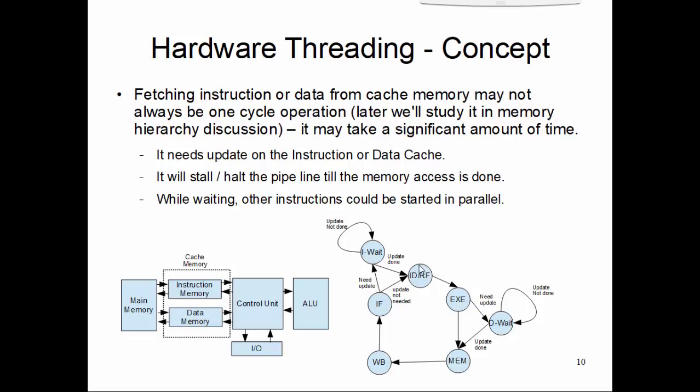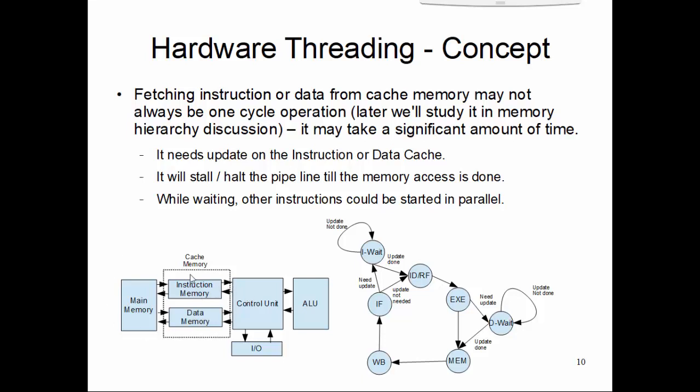But from this instruction fetch state, there may be one point you need an update to your instruction memory. So what it will do then, this machine will go into the instruction wait state. And it will wait there till all the updates are done. Means it is waiting on this memory to get the next instruction, but this memory is telling the control unit, hey, wait till I'm done.